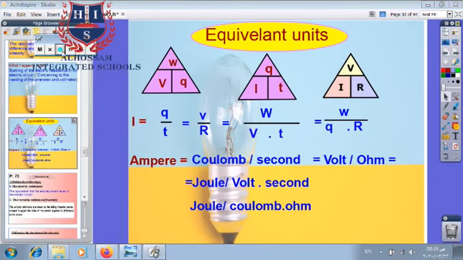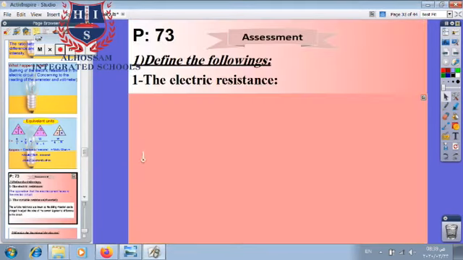From the third rule, W, work done, the measuring unit is joule, per volt dot T second. So joule per volt dot second is equivalent to ampere.